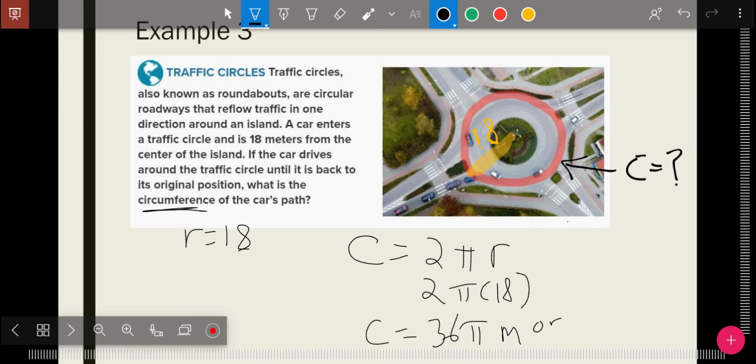And so we'll round that to the nearest hundredth, which would be 113.09. Well, 7 is going to round up, so I'll go 113.1. It's 0.1 meters. Right? So make sure you know how to write it either as a pi answer or as a decimal answer.